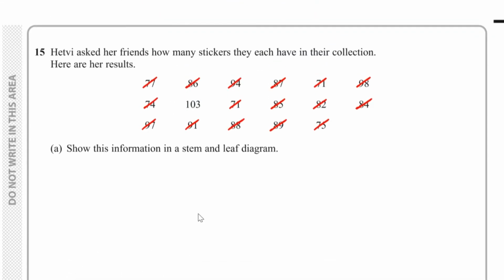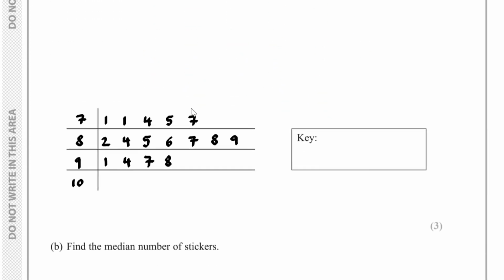And then if we take a look at the 100s, well, we've just got the 103. We now need to show this with a key. So if I've got 7 with a vertical line and then the 1, this means 71.